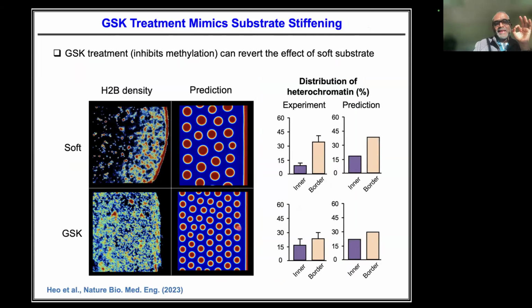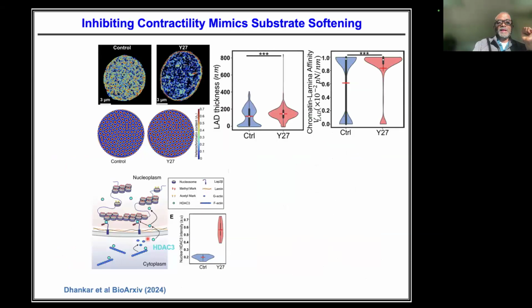Instead of stiffening the substrate, we keep the cell on a soft substrate and treat it with an epigenetic regulator, GSK, which prevents methylation. So it is exactly like going to a stiff substrate, and you can see in this case, it does not completely recapitulate the stiff configuration, but you're getting closer there.